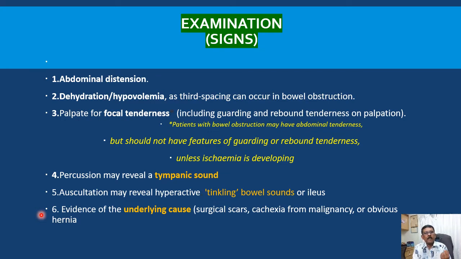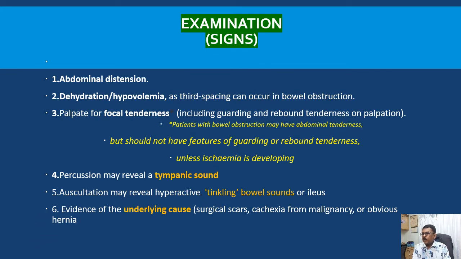Later it can decrease because of the ileus that is developing, and the classical sound on auscultation is known as tinkling bowel sounds, which are similar to the sound of flowing water, movement of water within an empty can. That is known as a tinkling sound.